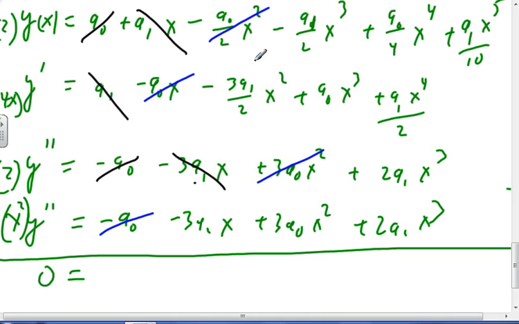Okay, this guy's negative, that guy's negative. Take the derivative of it, and I'm still negative. I take the derivative of it again, I'm still negative. I only have 4 of them.